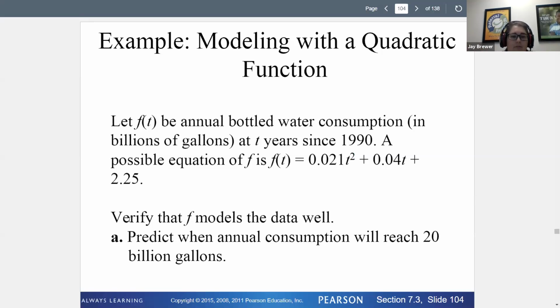All right, so for part A, we want to verify that F models the data well. So it says predict when annual consumption will reach 20 billion gallons. So if we're trying to figure out 20 billion gallons, where are we going to put the 20 in?